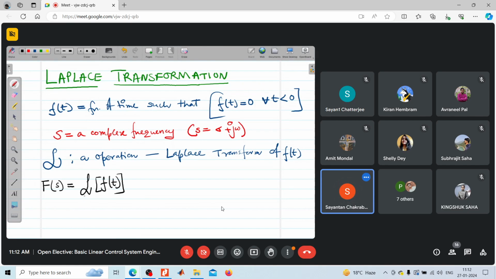F(s) is the Laplace transform of f(t). The thing that I have to remember is the normal decorum: a time function will be depicted by a small letter, and its Laplace domain representation will be in capital F, small f(t), capital F(s). And how is it defined?